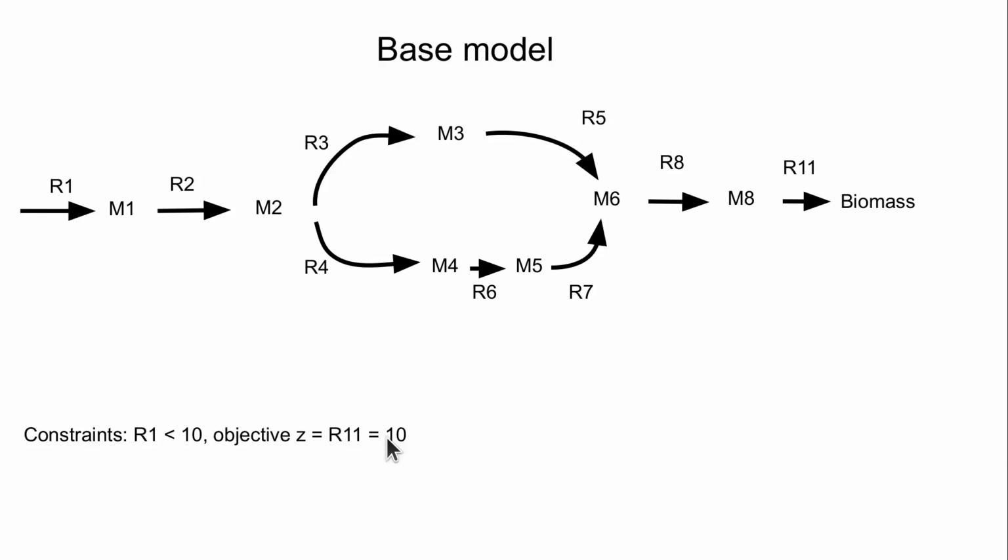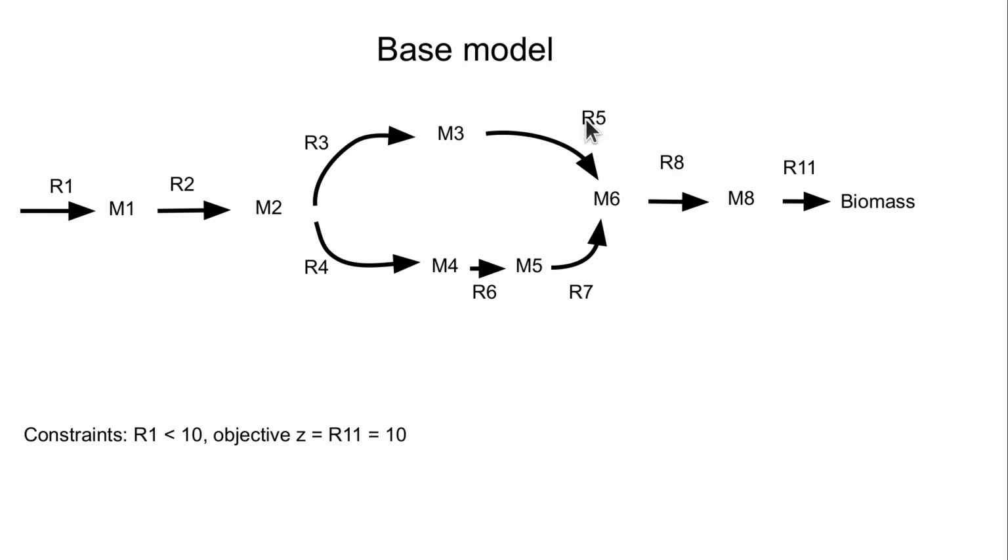So if we go back to our model here, what else do we have that is non-essential besides R3? Well, we have R4, R6, R7, and R5. These reactions are all also non-essential. If we were to delete these individually, we would still be able to have flow through the organism, because at most, knocking out, for instance, R4 is going to knock out this entire lower pathway, but we still have the upper pathway that is valid.